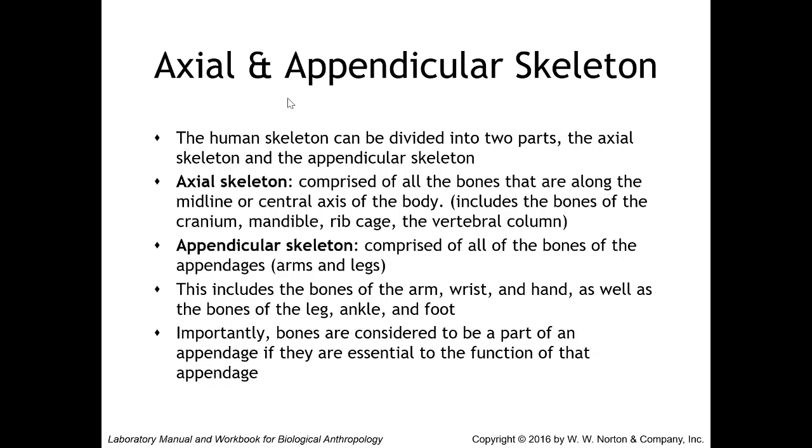It's right down the midline of the body. But the hip bones are actually part of the appendicular skeleton, right? Because the primary function of the pelvis is to act as an area of muscle attachment for your leg muscles, i.e. an appendage, your legs, appendicular skeleton.